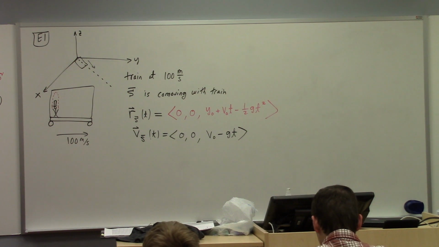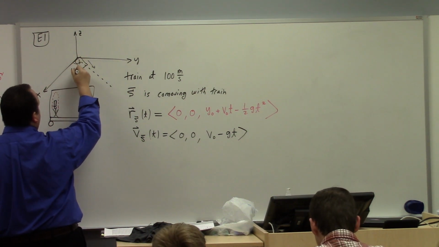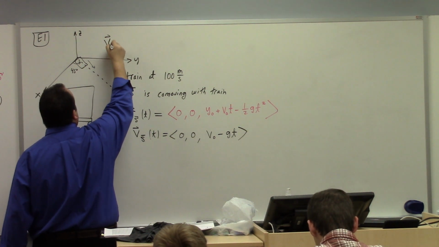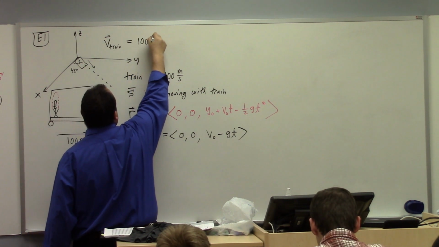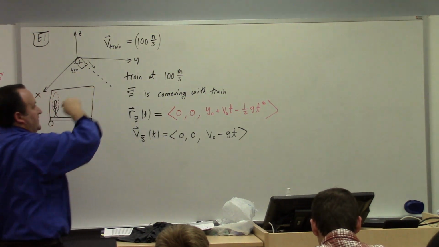What's the velocity of the train if it's moving on this line right here, which I'm saying is at 45 degrees? So the velocity of the train, right, would be 100 meters per second times the unit vector in that direction, which would be what?